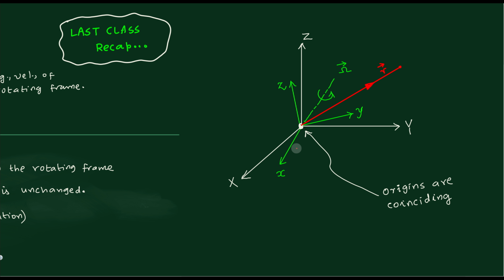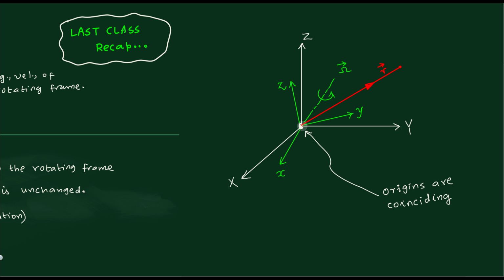So what is rotating should be clear: the green coordinate system with its three axes x, y, and z. It is rotating by keeping this particular axis as the axis of rotation. Whenever something has to rotate, you need a point of rotation, and that point is the origin.